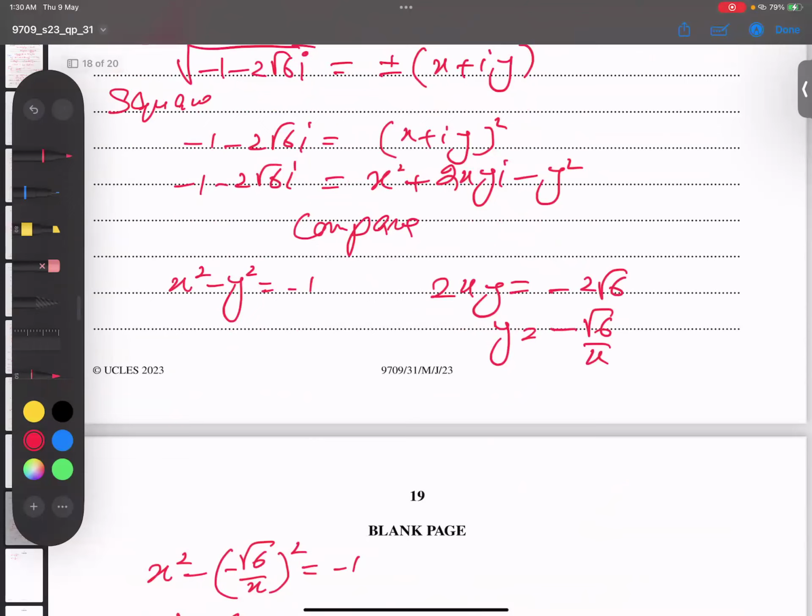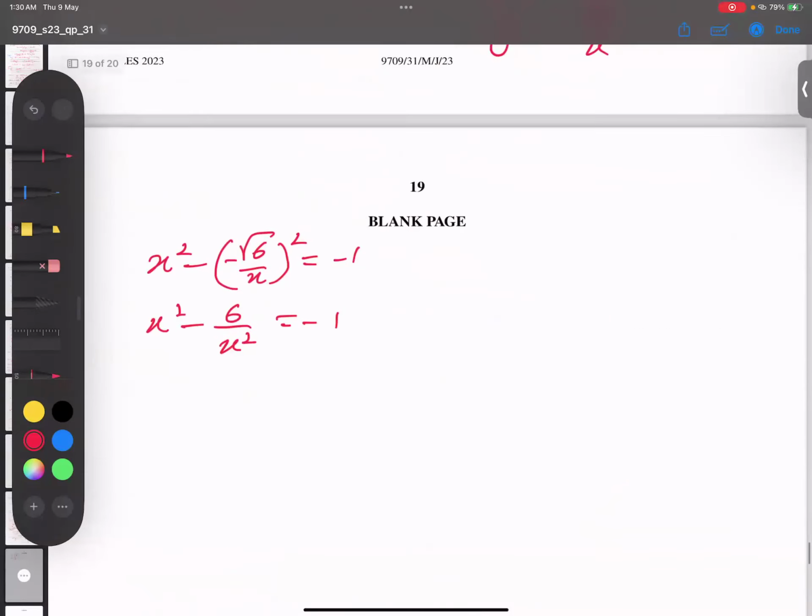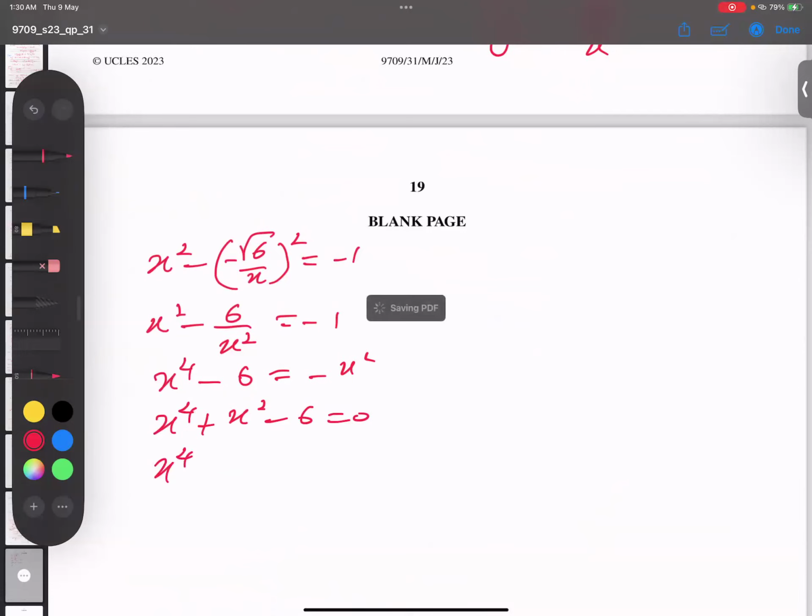Correct. So now students, multiply by x square. So this side becomes plus 3 x square.